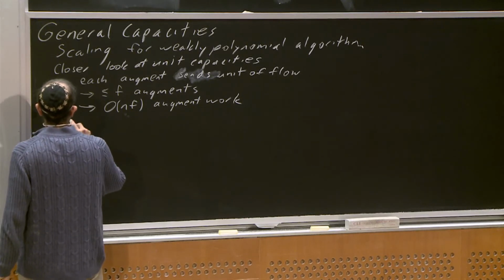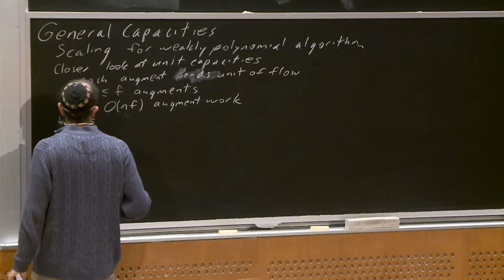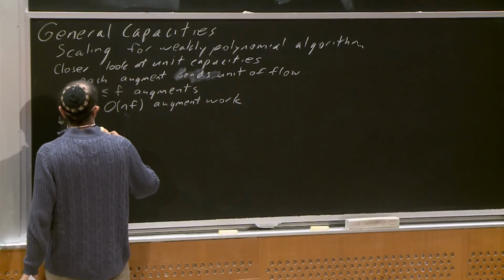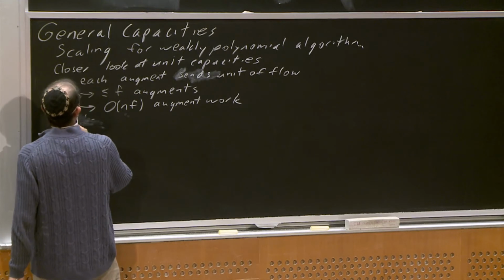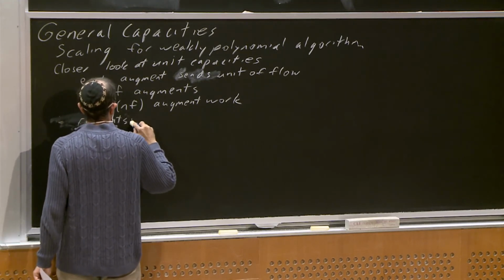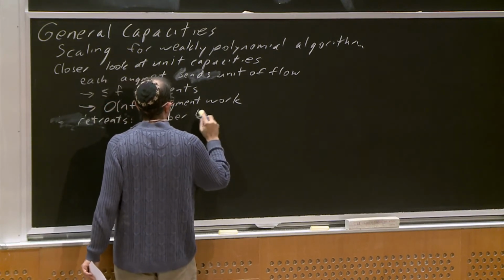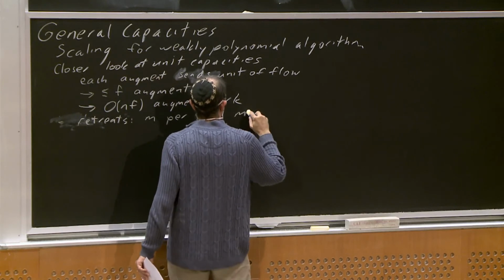The retreats are m per blocking flow, so mn overall.